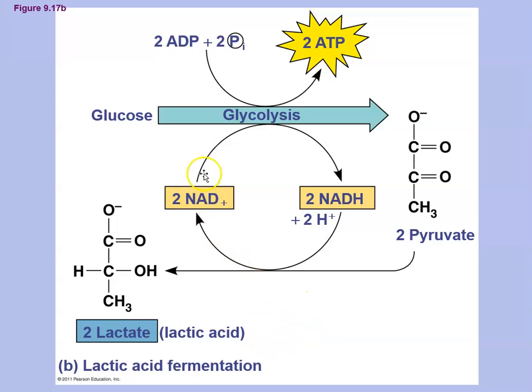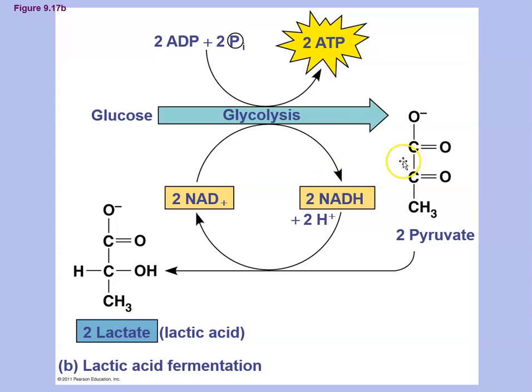So the idea is that we can still do glycolysis in the cytoplasm. It does not require oxygen, so we can still do it. However, we have to keep freeing up our NADs in order to keep the glycolysis reactions going. So that means NADH has to have some molecule to give its H to so that it can become NAD again and then get back into those glycolysis reactions and keep receiving H's.